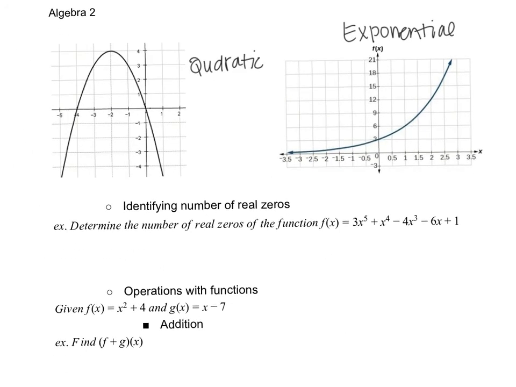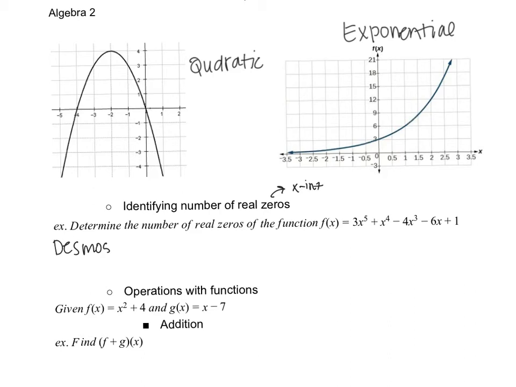So next I want to identify the number of real zeros. So real zeros, again, is just a way to say number of x-intercepts. So what we're going to do is use Desmos. And I'm going to graph the equation f of x equals 3x to the 5th plus x to the 4th minus 4x cubed minus 6x plus 1.